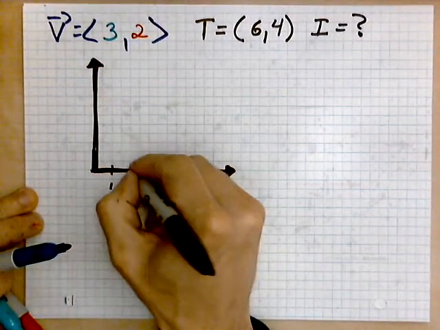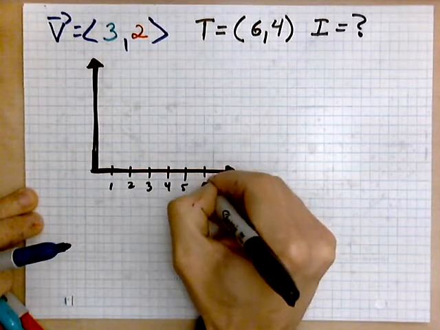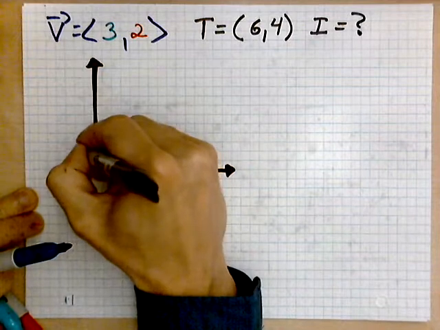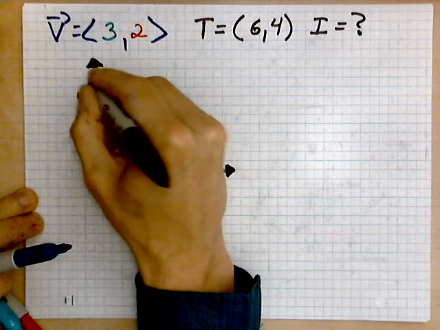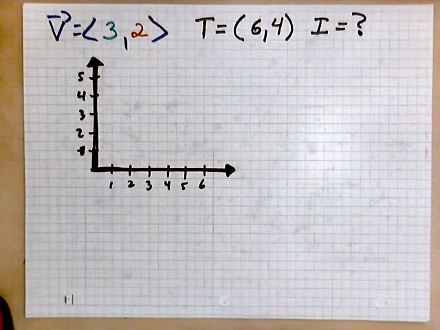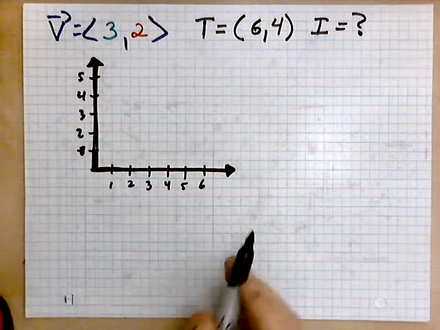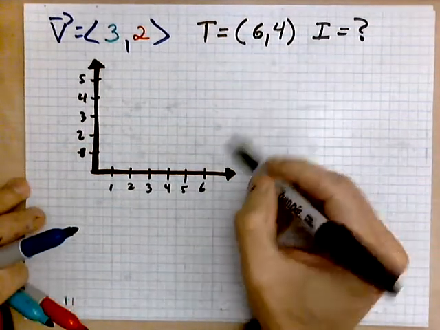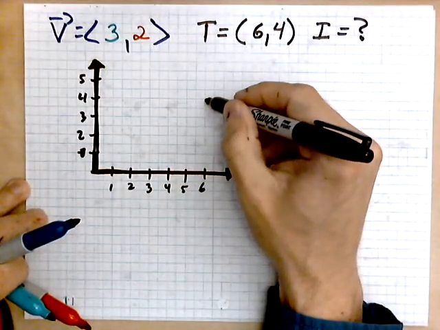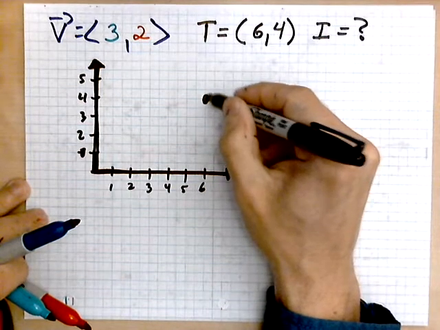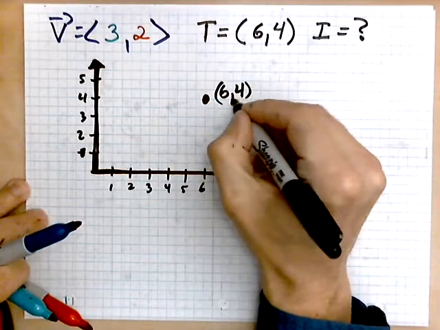So this is 1, 2, 3, 4, 5, 6. 1, 2, 3, 4, 5. Mark the terminal point. The terminal point has coordinates 6, 4. So 6 to the right and then 4 up. So where does that put us? That puts us right here. Those are the terminal point coordinates 6, 4.